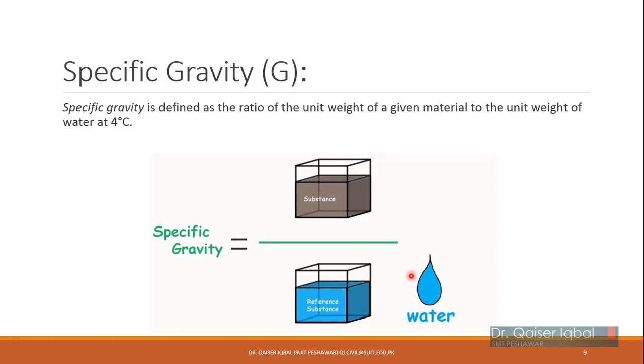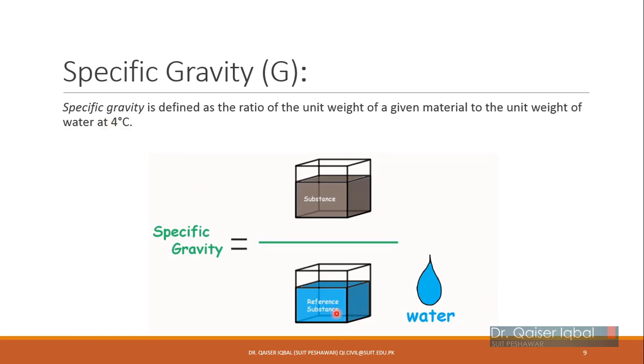Specific gravity is defined as the ratio of the unit weight of a material for which you are determining the specific gravity, divided by the unit weight of a reference substance. The reference substance we take in this case is water at 4 degrees centigrade, because water is in its densest form at 4 degrees centigrade. At higher temperatures, the density of water will be less, so we want to standardize it.